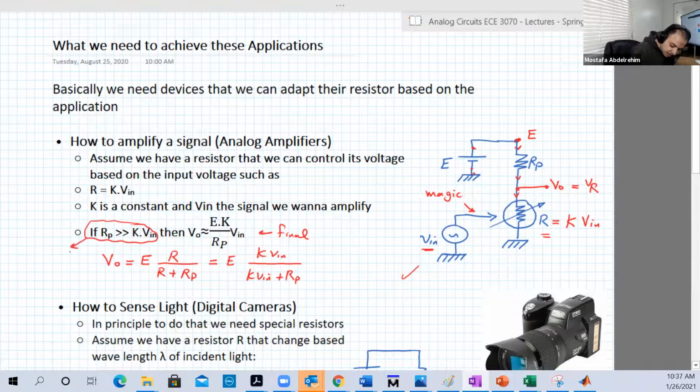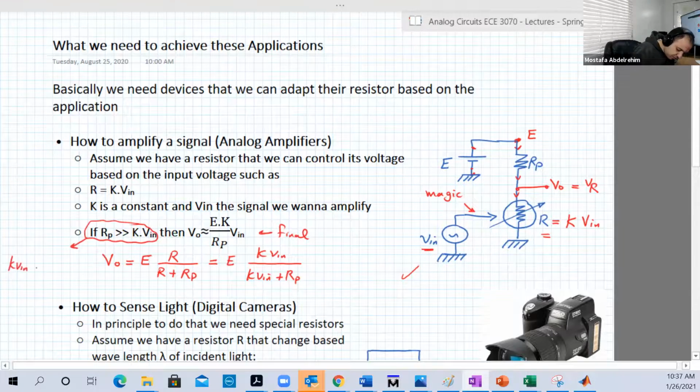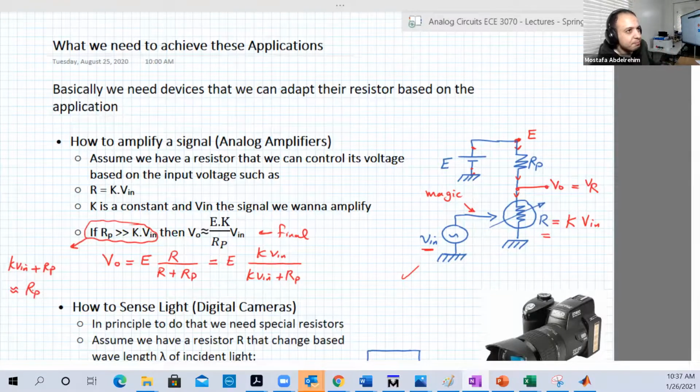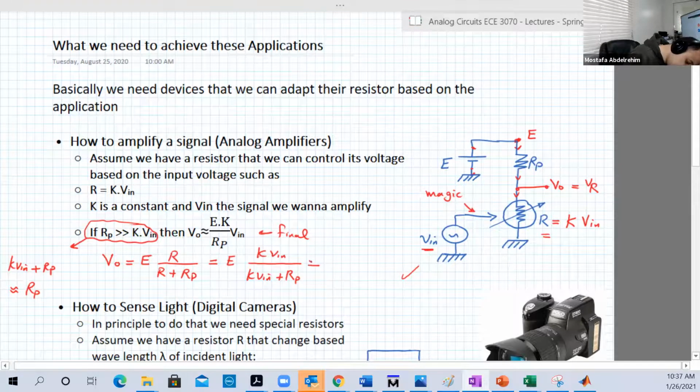That means that K V input plus RB is approximately equal to RB, just like 1 plus 0.01 is approximately equal to 1. So VO is approximately equal to E K over RB times V input.